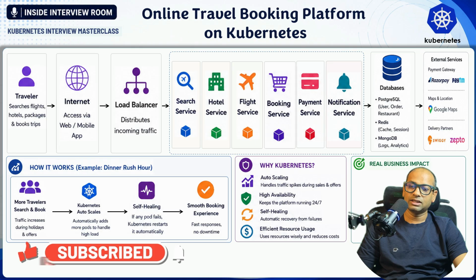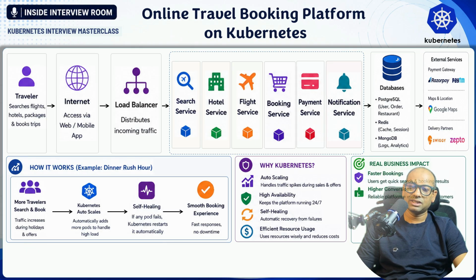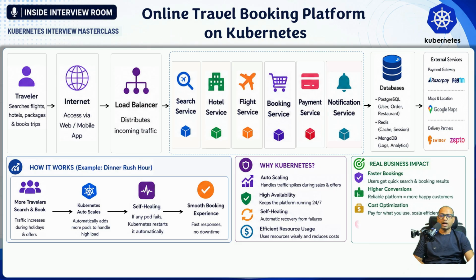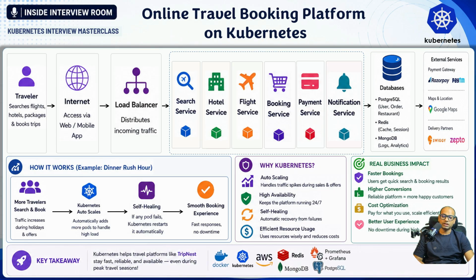Auto scaling, high availability, self-healing, and efficient resource usage. Real business impact: faster bookings, higher conversion, cost optimization, and better user experience. Kubernetes helps travel platforms like Tripnest stay fast, reliable, and available during peak travel seasons.